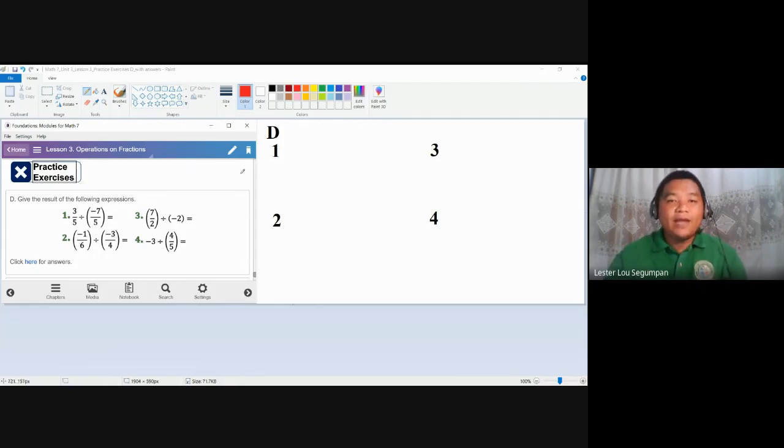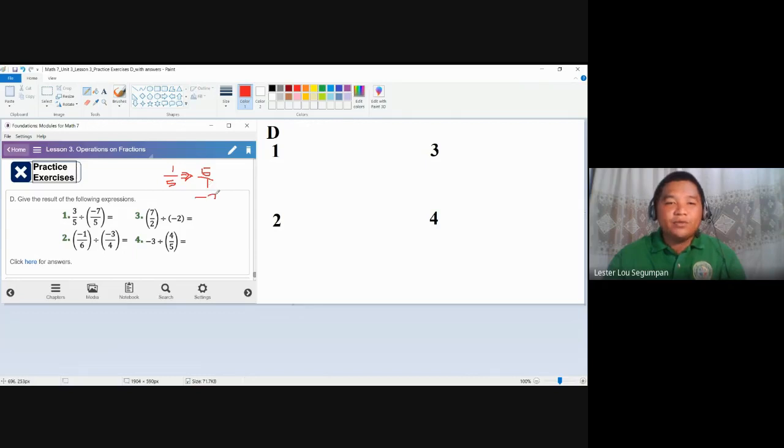So if we have a value here of 1 over 5, to get its reciprocal, change the numerator to the denominator and the denominator to the numerator. Therefore, its multiplicative inverse is 5 over 1.